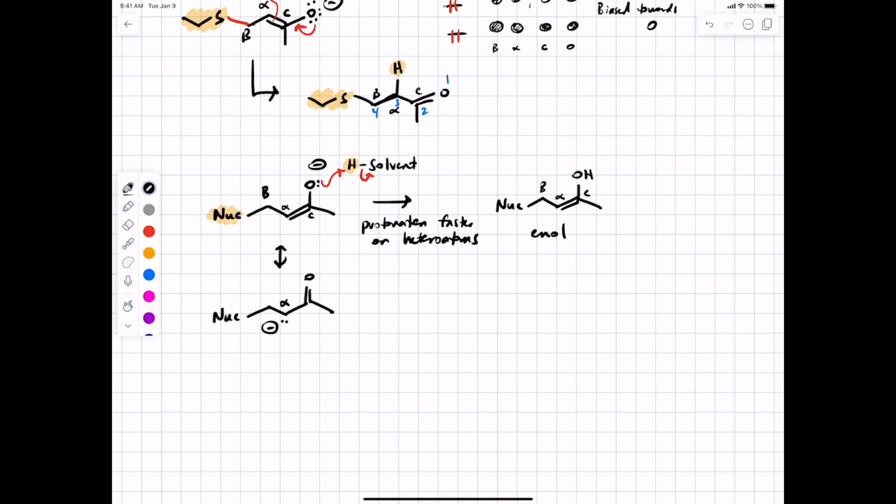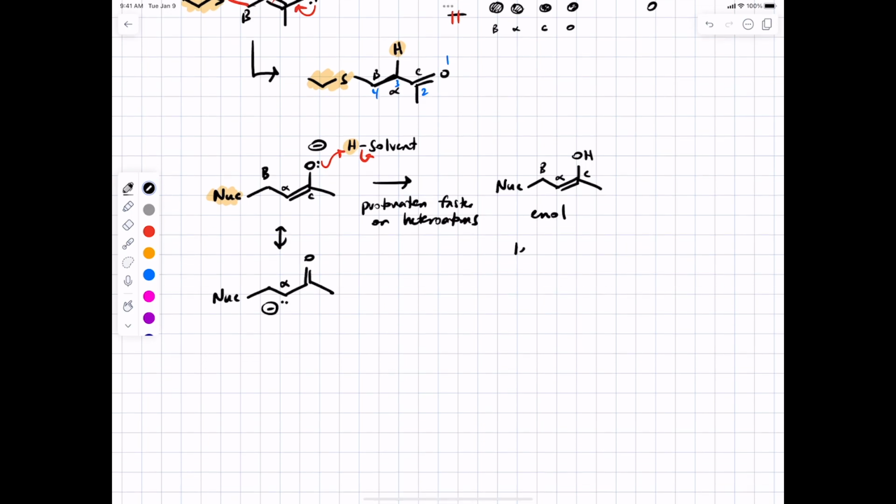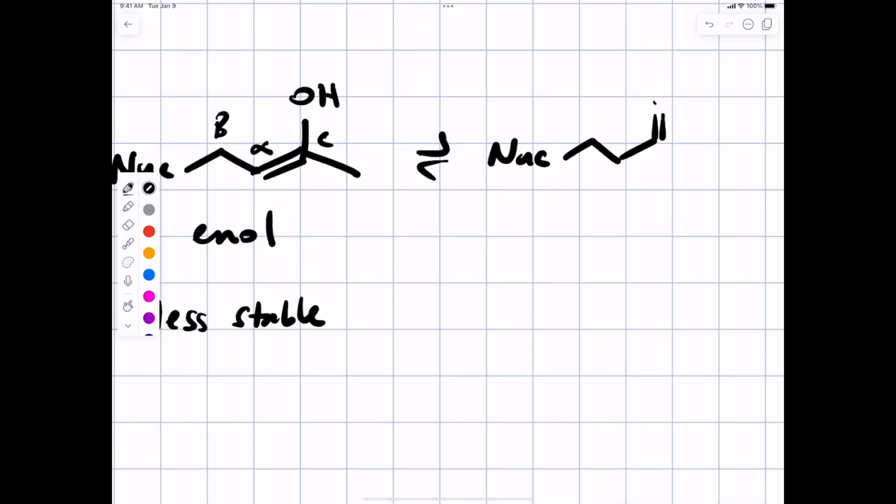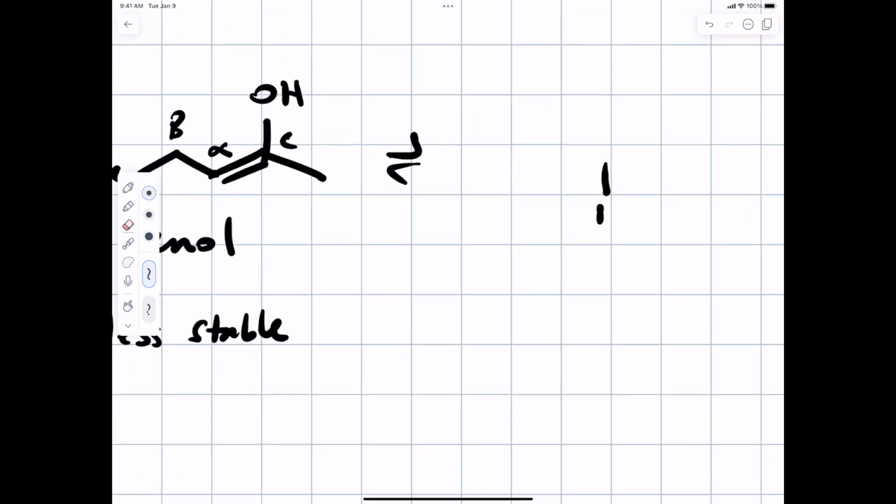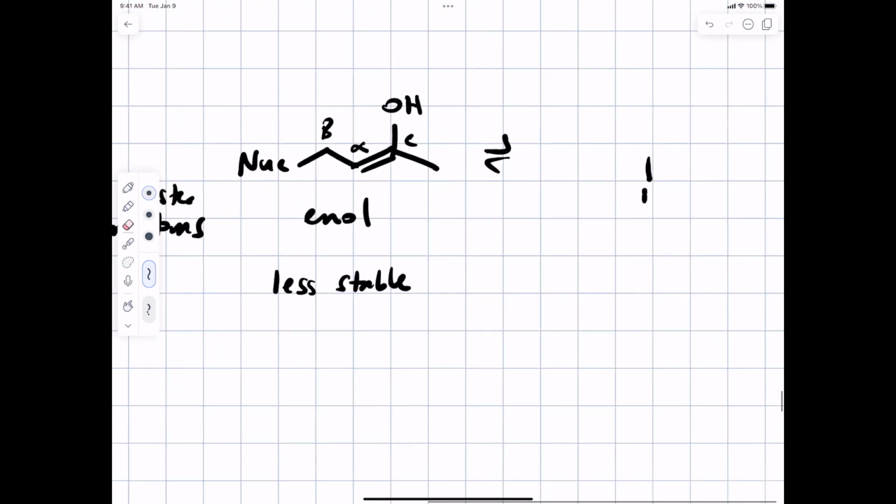But the enol is the less stable tautomer, and so you get slower tautomerization to the more stable keto form, where that proton ends up on the alpha carbon. And something's horribly wrong here. No? It wasn't horribly wrong, but now it is.